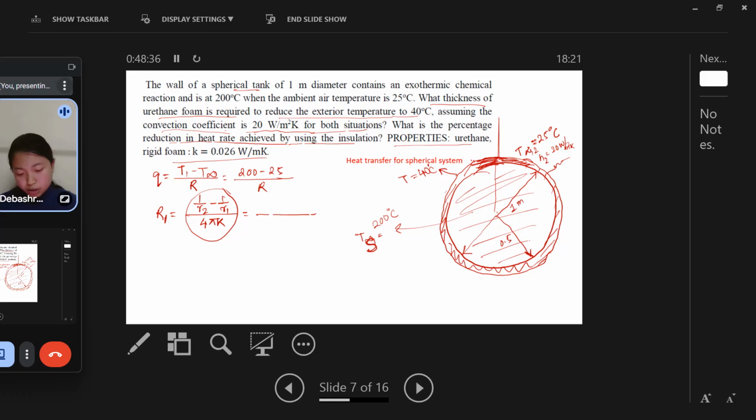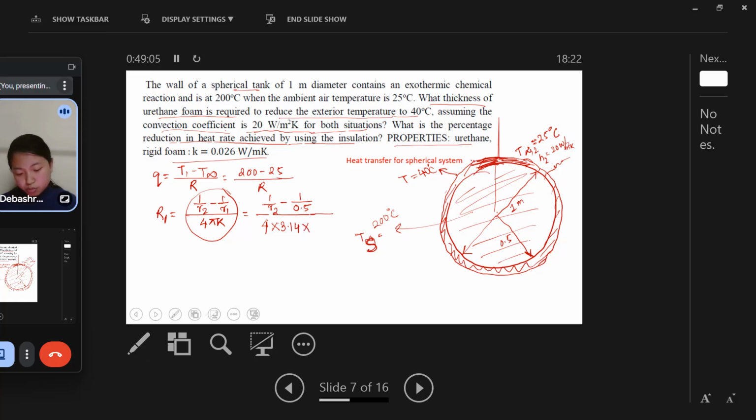You don't know what is R2. R2 is the one which you have to find out. So R2 minus R1, where R1 is 0.5, divided by 4 into 3.14 into k.